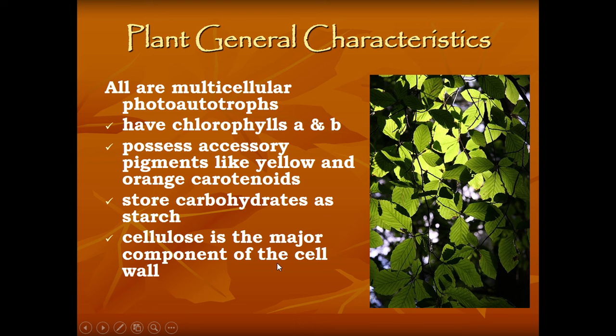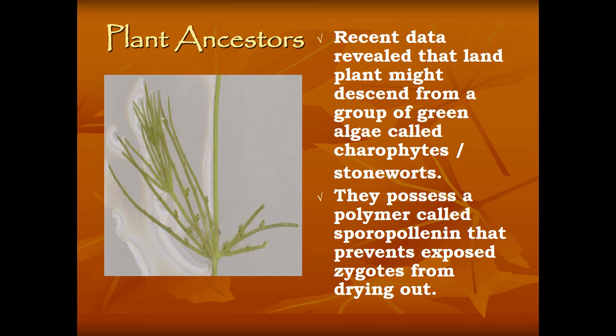When you compare with fungi, the major component of the cell wall in fungi is chitin, which is different from plants. Recent data reveal that land plants might descend from a group of green algae called charophytes, as you can see in the figure here, also known as stoneworts.